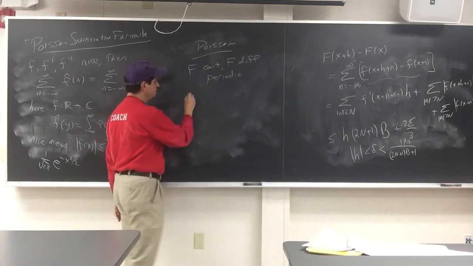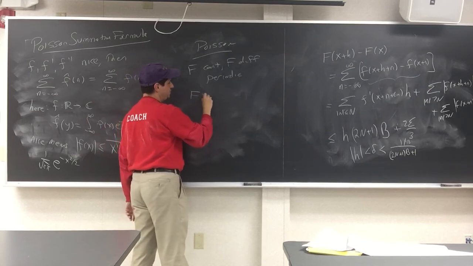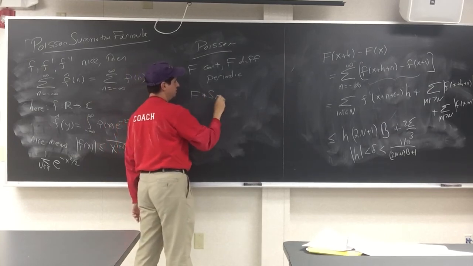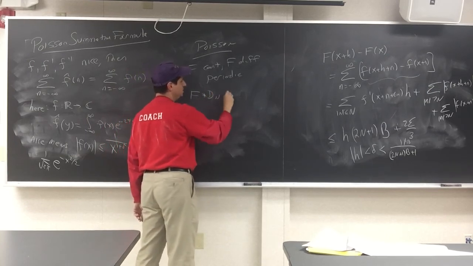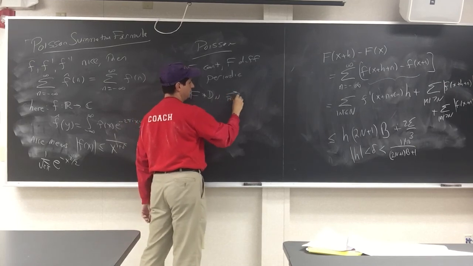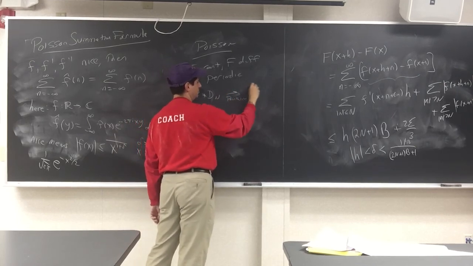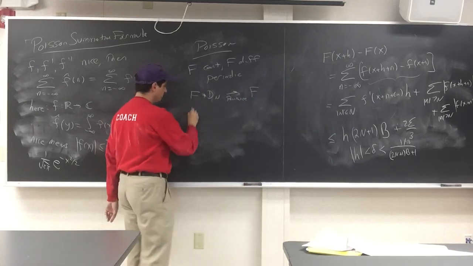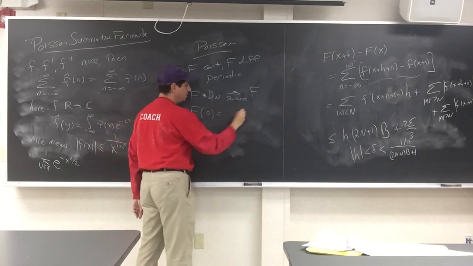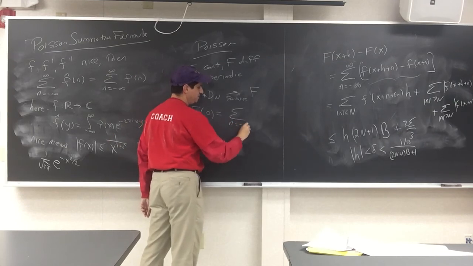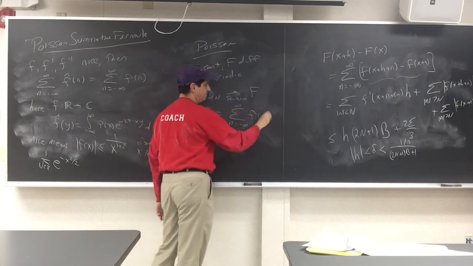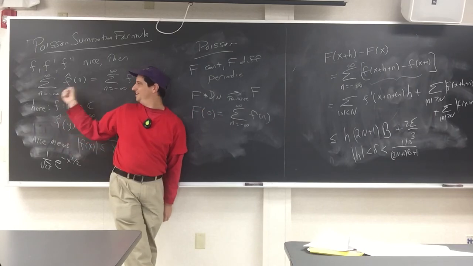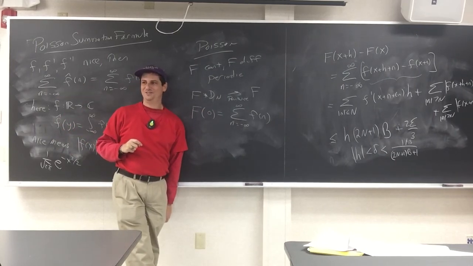So we know f star Dn converges pointwise, and big F of 0 is the sum n goes from minus infinity to infinity of f of n. That is half of what we want to show, right?